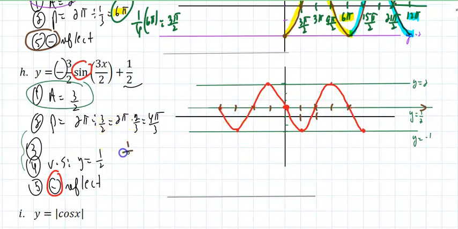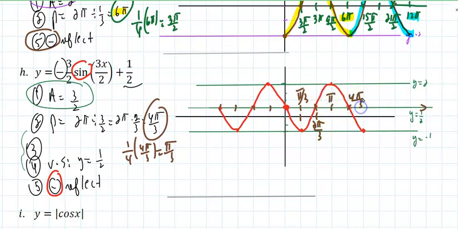So I'm going to take 1/4 of the period. The period is 4 pi over 3. Isn't that pi over 3? That means this is 1 pi over 3, 2 pi over 3, 3 pi over 3, 4 pi over 3. That's one period.